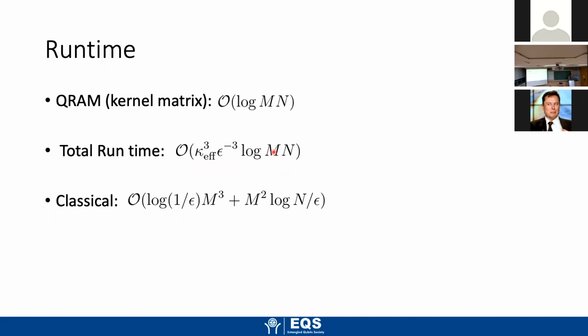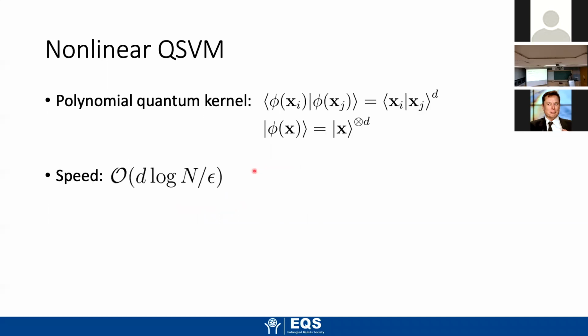So it's logarithmic. Whereas classical, for general non-sparse kernel methods, it's cubic in n or sometimes square root of n. Anyway, it's cubic or square root, so this is much faster. It's logarithmic, so we have some advantage.